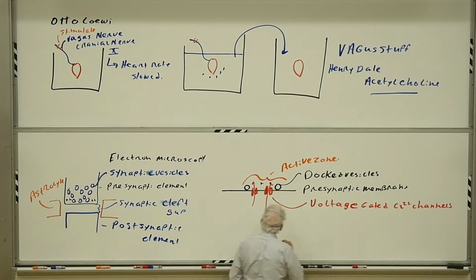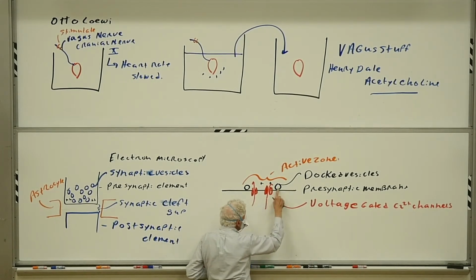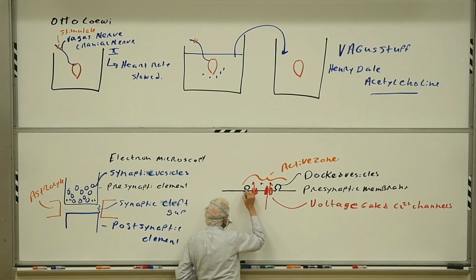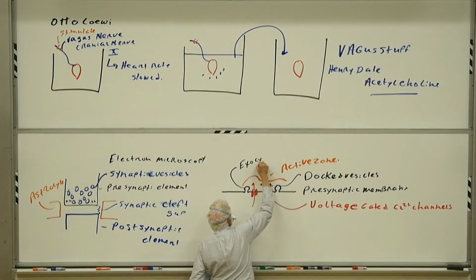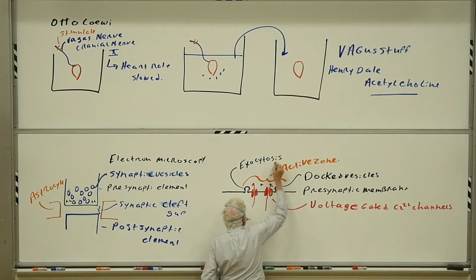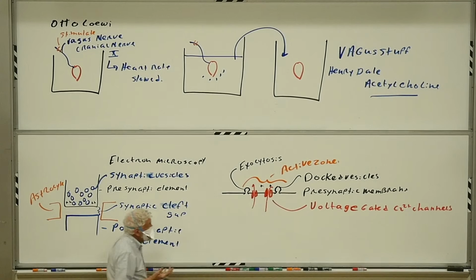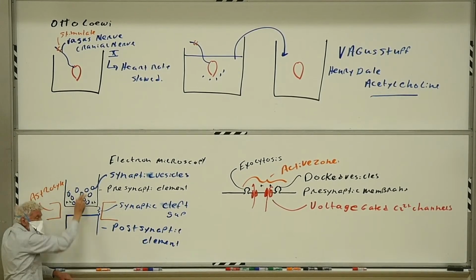And at that point, it was recognized that the influx of calcium through the voltage-gated channels would cause the synaptic vesicle to fuse to the plasma membrane. We've seen this process before. This is exocytosis. So at this point, it was recognized that there was the structure of the presynaptic cell.